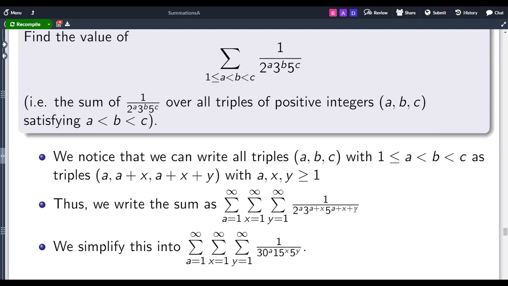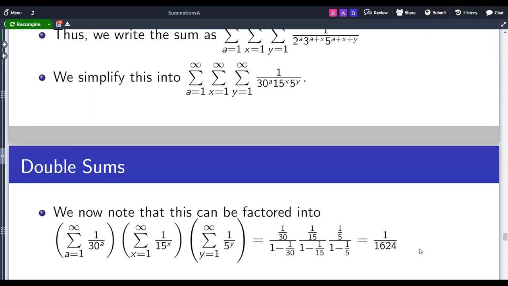We have these three independent sums and then we can just separate them, because we need them to be independent before we can do any separation like that. So if you scroll down some more, you'll see the factorization. But basically from here, the problem is just solved.